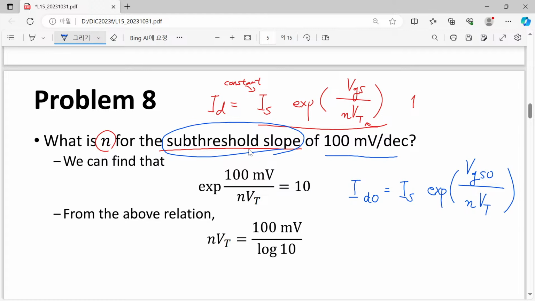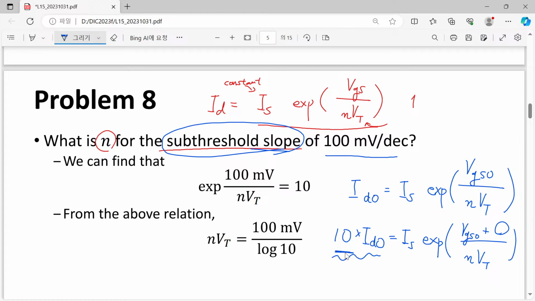By definition of our subthreshold slope, we will have 10 times higher current when we add a certain additional gate voltage.